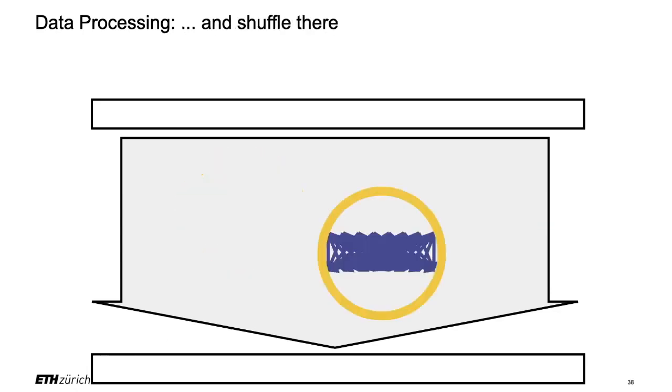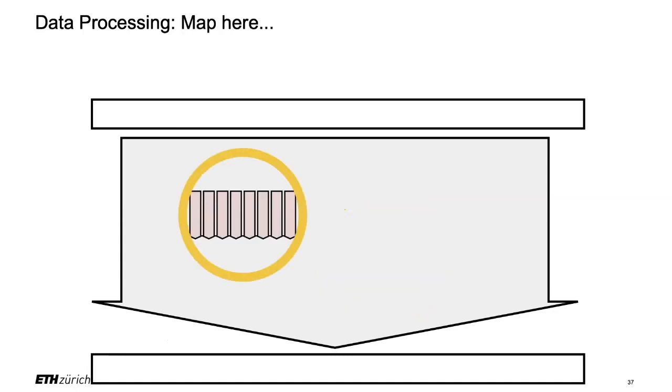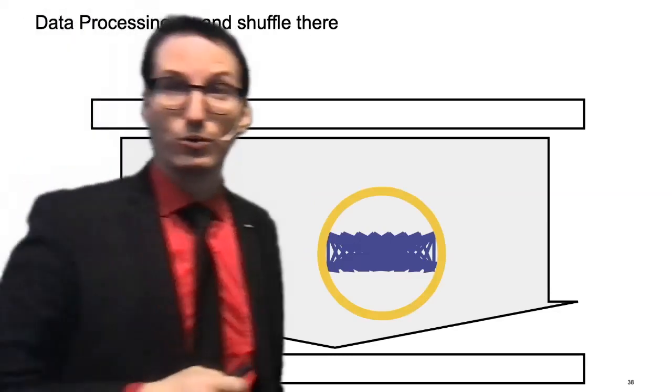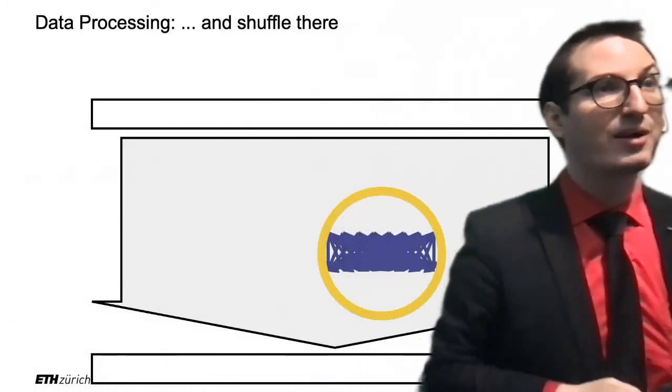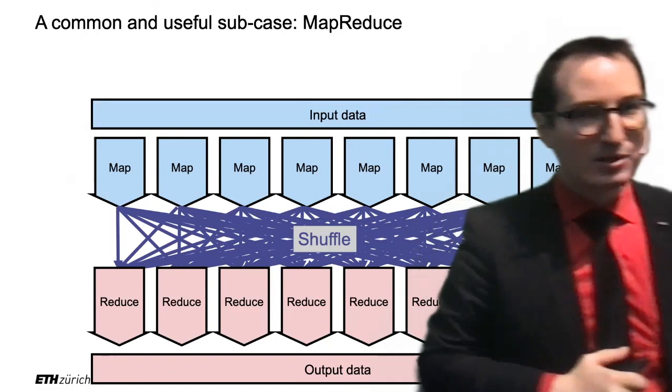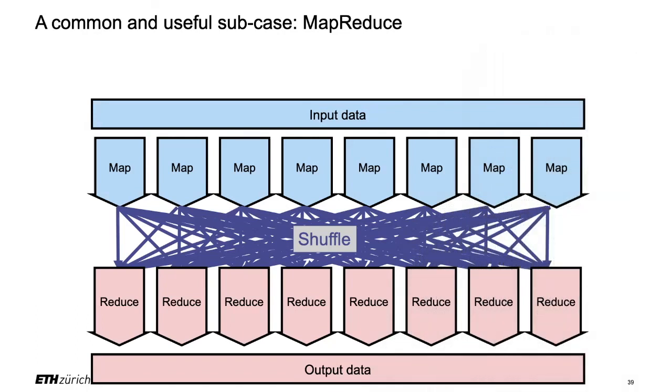Well, the insight of MapReduce is that if it is indeed the case that looking at your query, there is a bit of this and there is a bit of that, then MapReduce is for you. And as it turns out, it is very, very often the case that you recognize these patterns. So this is MapReduce.